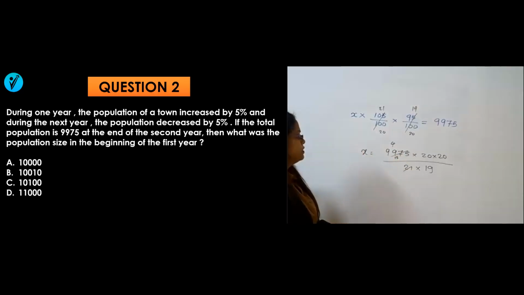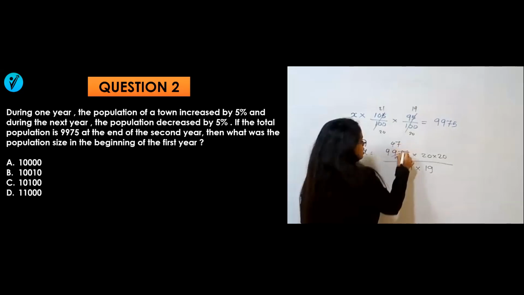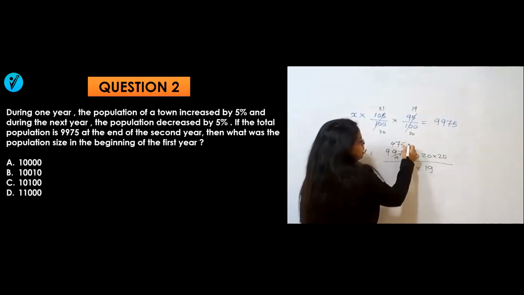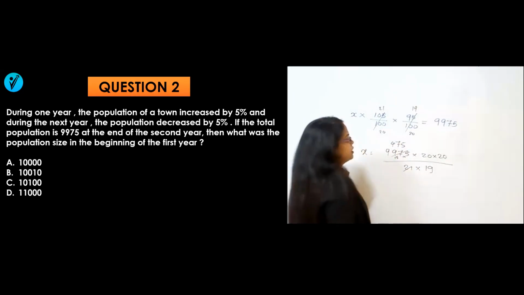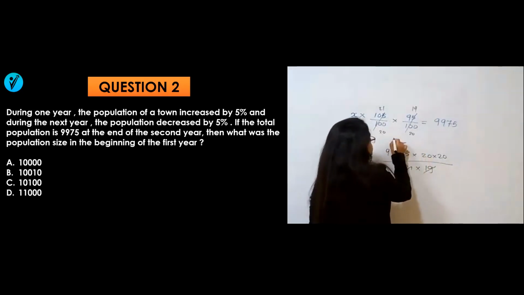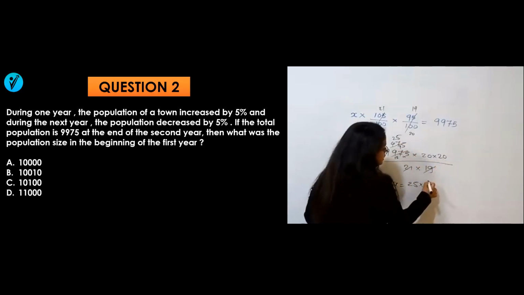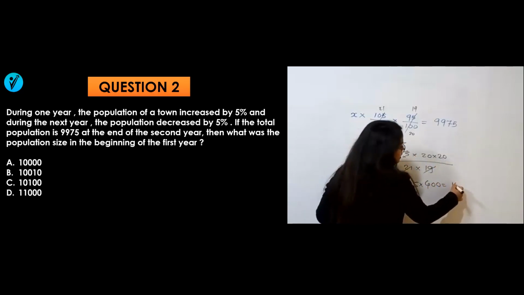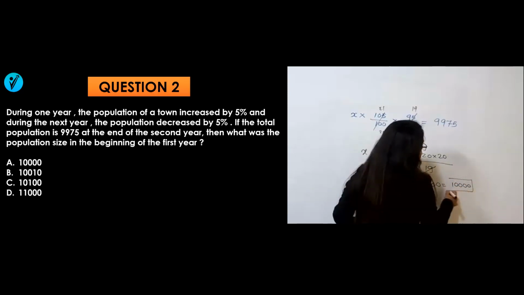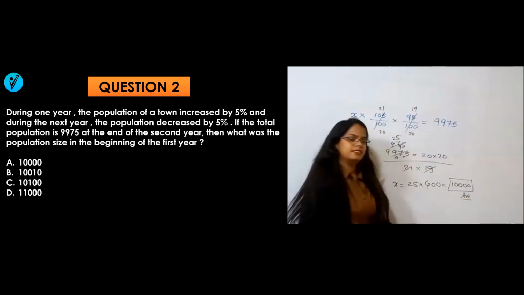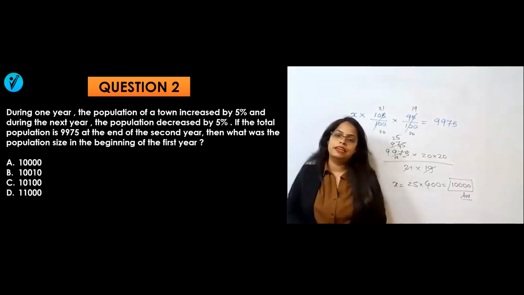Then 21 7s are 147, there will be 10, 21 5s are 105. Now if I cancel out by 19, 19 2s are 36, there will be 9, 19 5s are 95. So X will be 25 into 20, which is 400, 25 4s are 100. So initially the population was 10,000. That's it. Your answer will be option A.